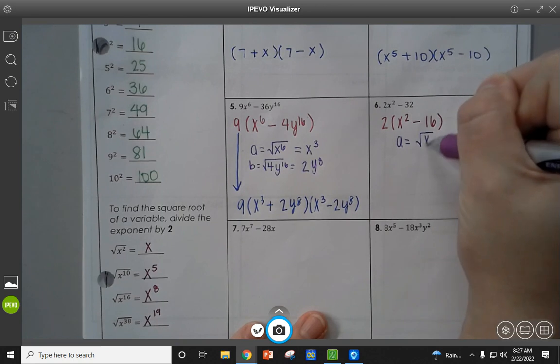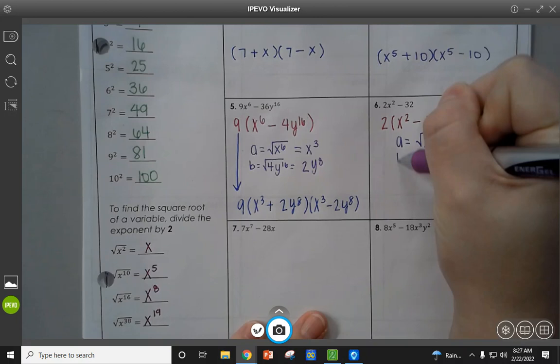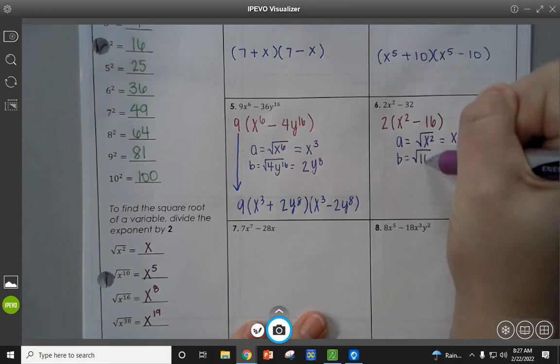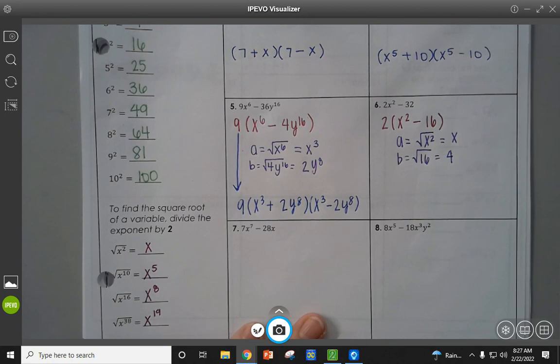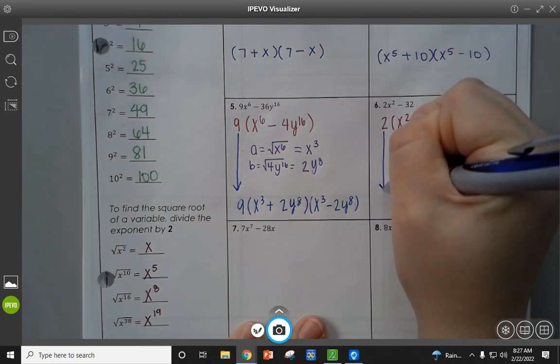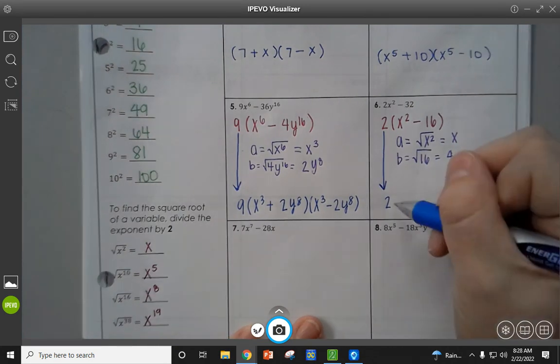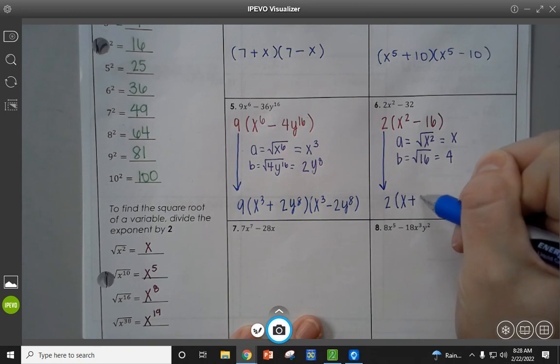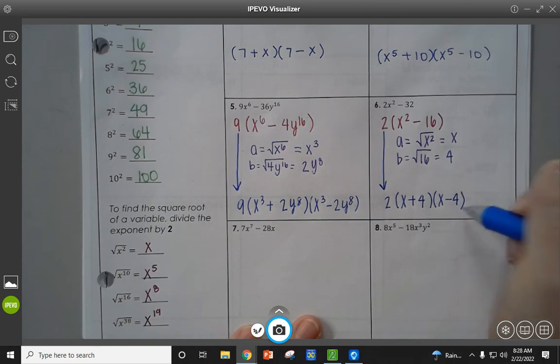A is the square root of x squared, which is what? X. B is the square root of 16, which is 4. And then I have x plus 4, x minus 4.